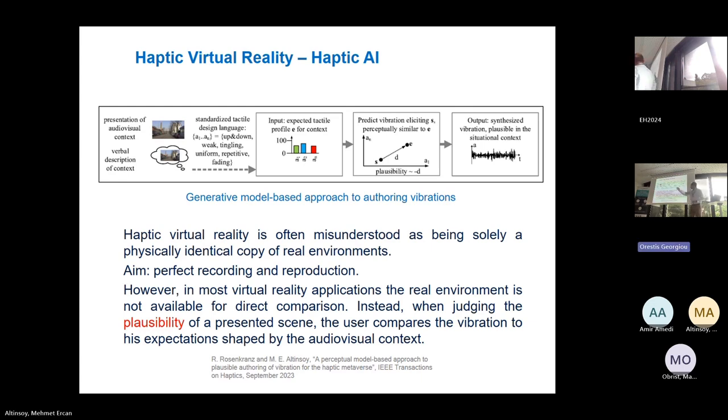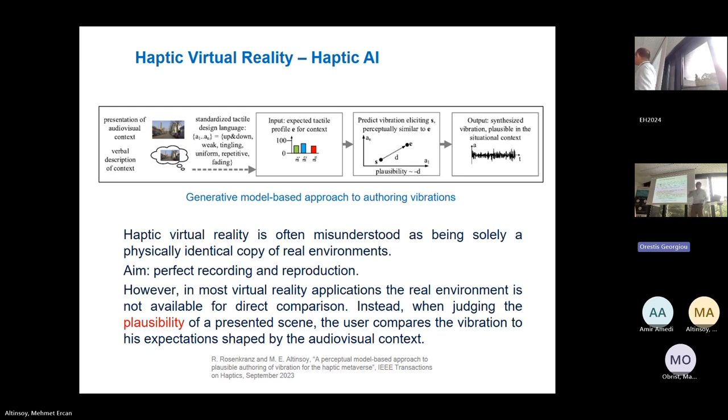And therefore, we try to develop a labeling model which can be used for the synthesis, because in most cases, of course, if you drive a car in different conditions, you get different kinds of vibrations, which you can describe. We have also conducted some research to understand which expectations you have if you see only the visual scene, and which kind of vibrations should be reproduced.